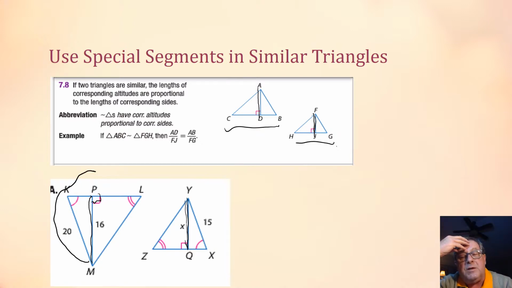The other thing we see is a measurement of a side. I'm going to go back to the left. We have this measurement of 20, an adjacent side to this angle marked with one little angle mark showing congruency.